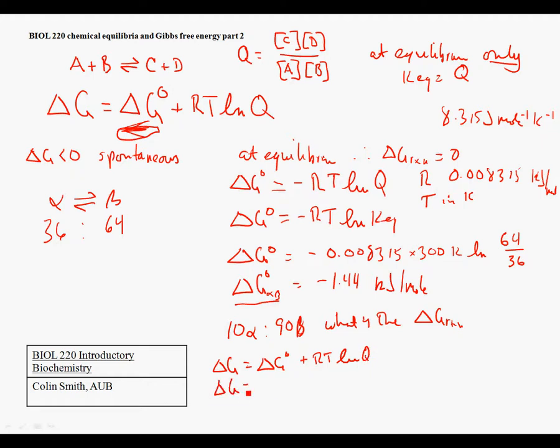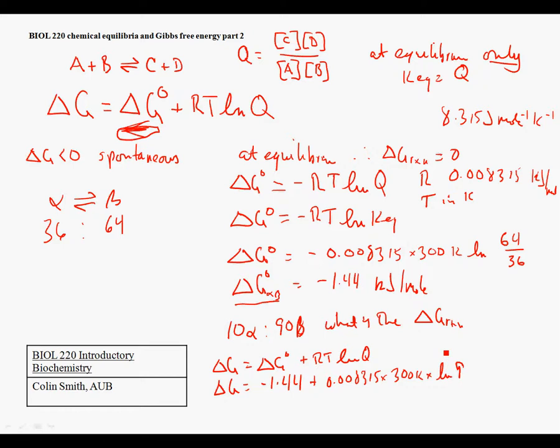So what do we have here? Delta G is going to be equal to what we already know, negative 1.44 plus, in this case, I'm working in kilojoules, so I'm going to have to be careful with the units, times 300 Kelvin times the log of Q, which Q is now 90 to 10, so it's a log of 9.